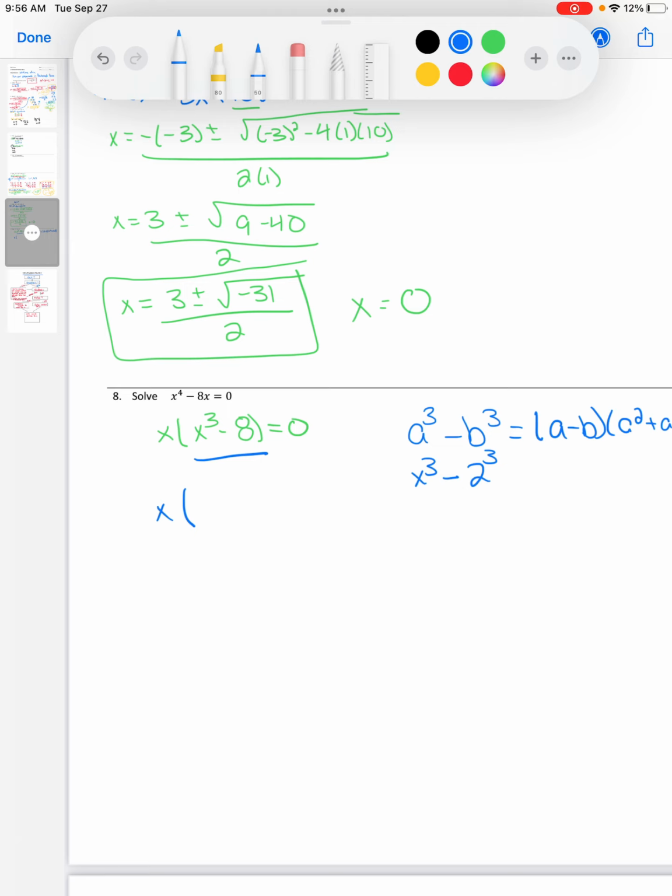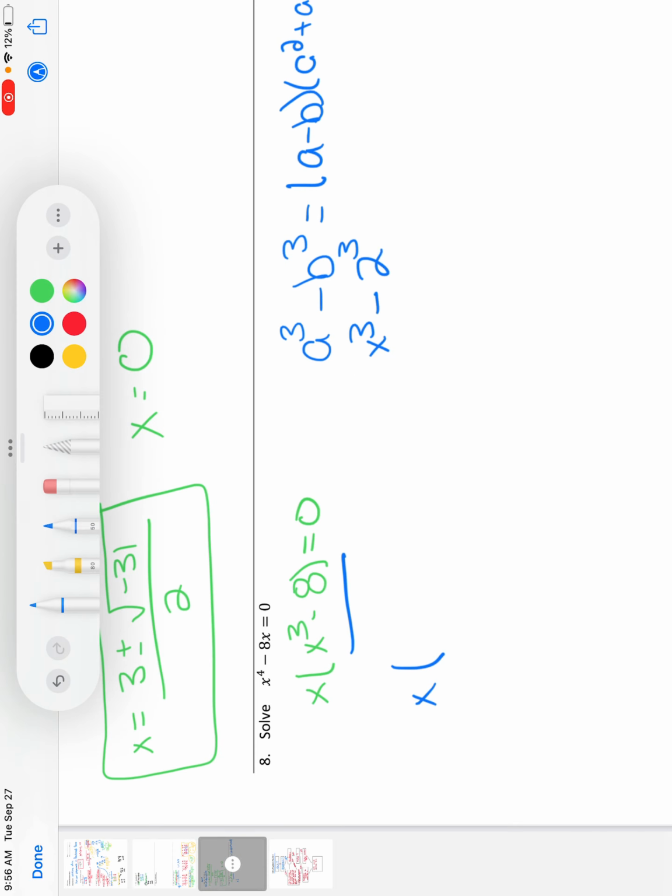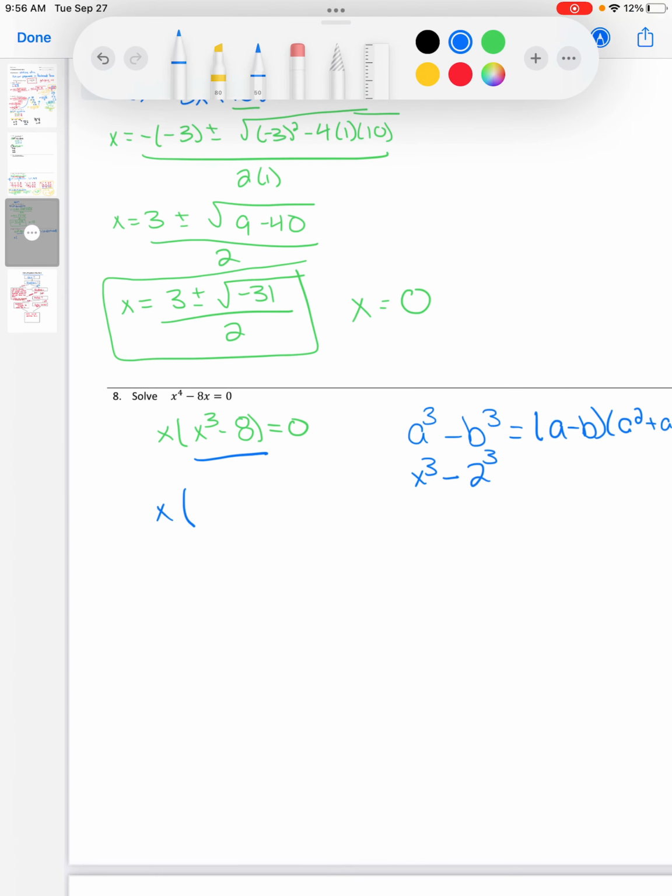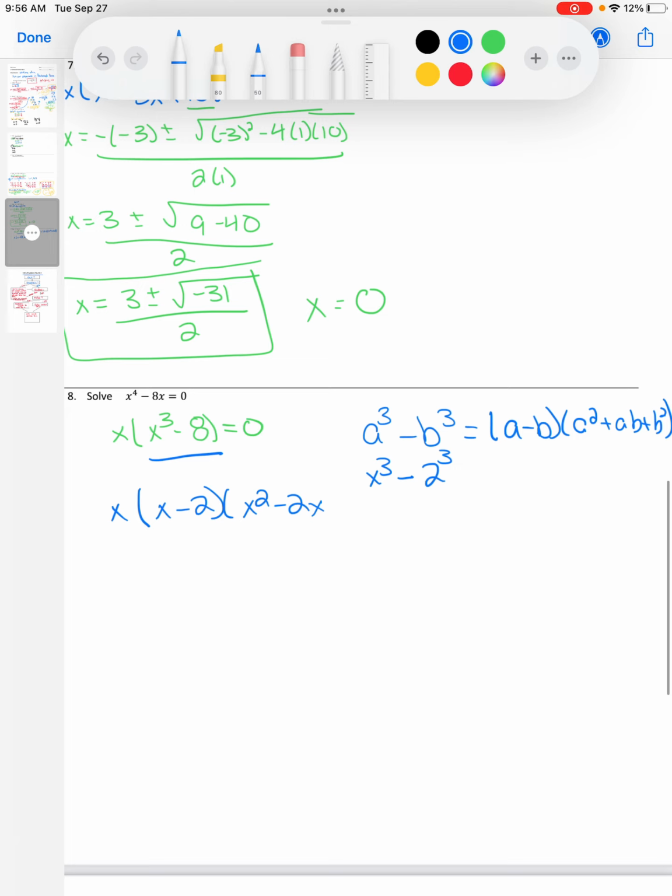Okay, so let's fill in those numbers in our formula. So we have x minus 2, and then we have x squared minus 2x plus 4.